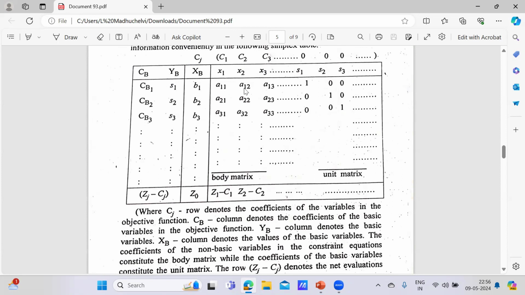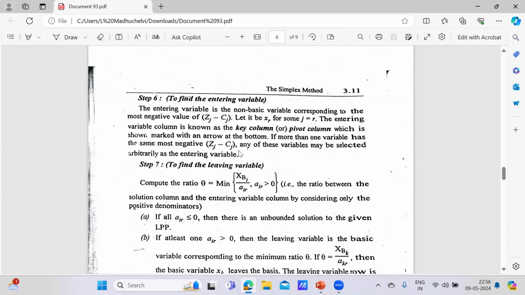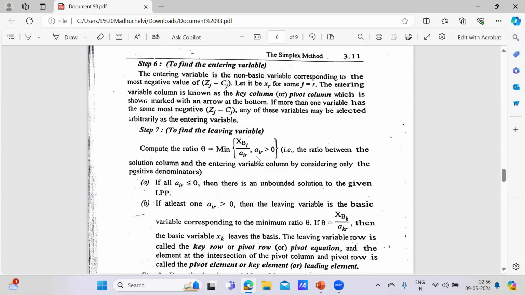Then we find theta as the minimum of B1 by A11, B2 by A21, B3 by A31 and so on. The condition is that AiR should be greater than 0, because the denominator should be greater than 0.